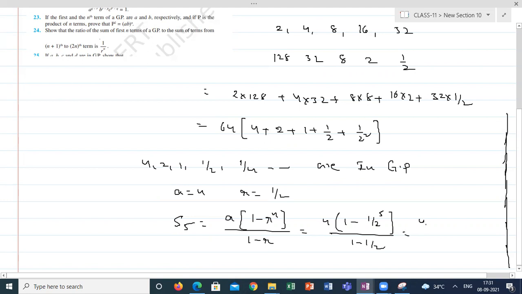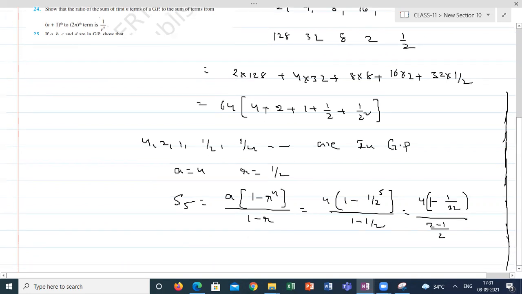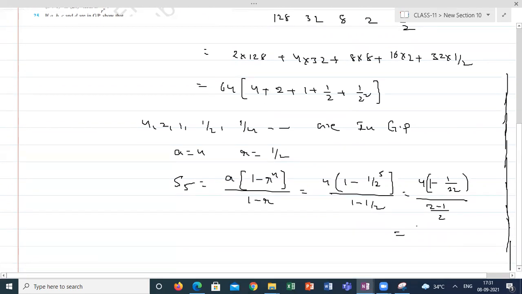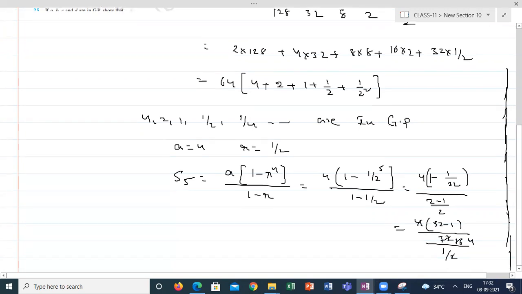This will be 4 into (32 minus 1) by 32 divided by 1 by 2. So 2 16s, 4 4s. This is 31 by 16. So, sorry, 31 by 4. Correct?